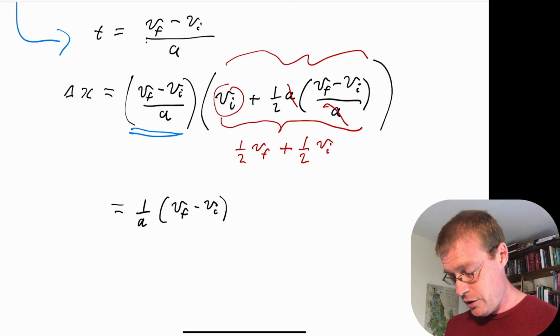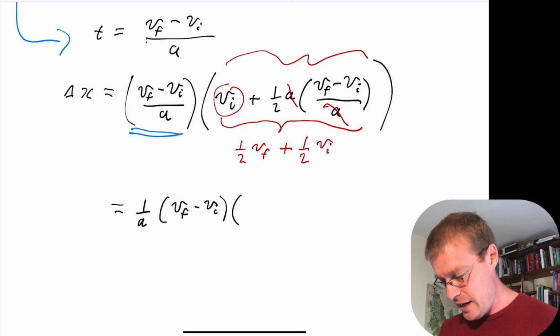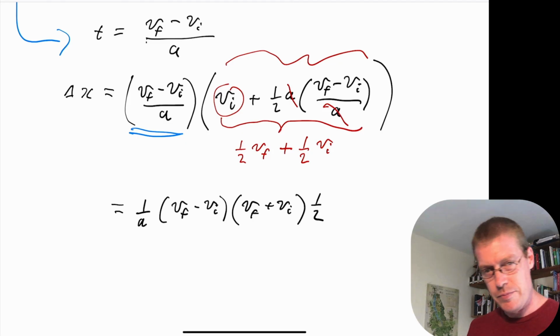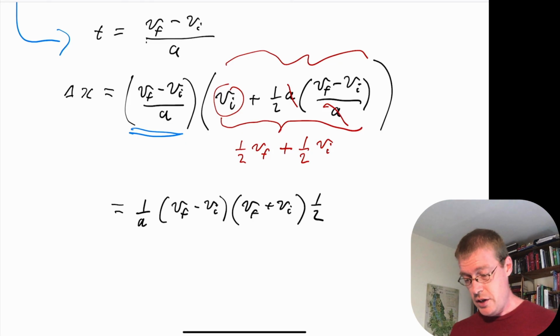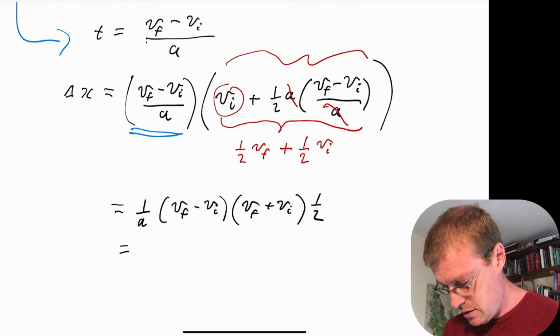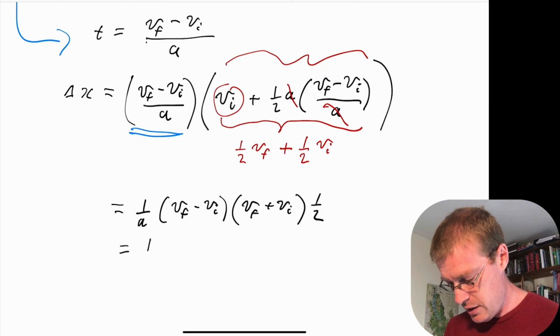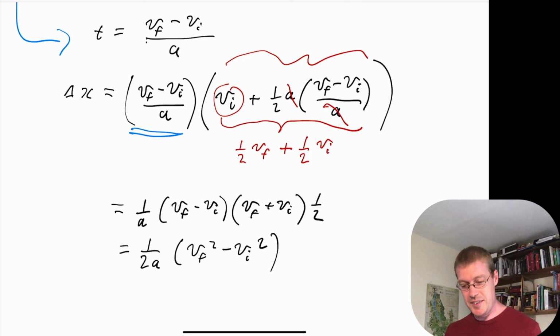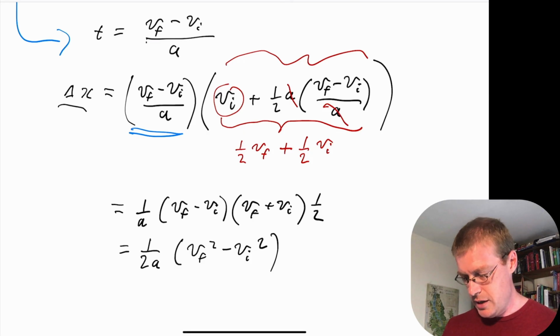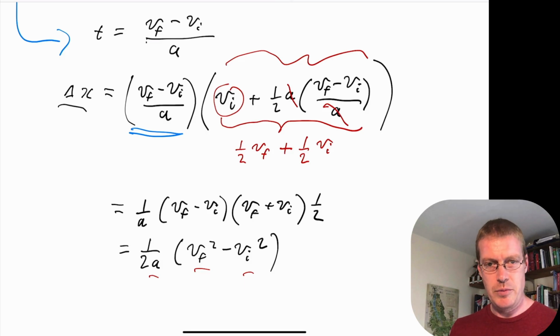I'm going to factor 1/2 out of this, and I'll put that factor of half at the end. Vf plus Vi is 1/2. And now I just multiply this out. And if you've multiplied out things like this before, you know that it actually has a simple expression. So I'll bring this 1/2 and the A together to get 1 over 2A. Vf squared minus Vi squared. What a surprisingly simple result. So the distance gone is related to the initial and final velocities and the acceleration in this manner.